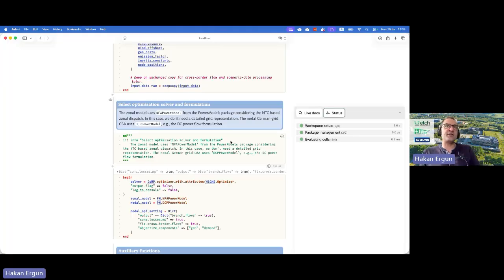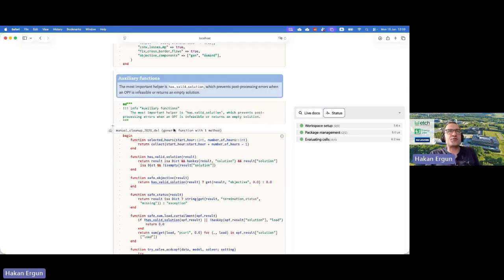We only make sure that the nodal power balance is kept and the power flow between the different zones is going to be smaller than the net transfer capacities.